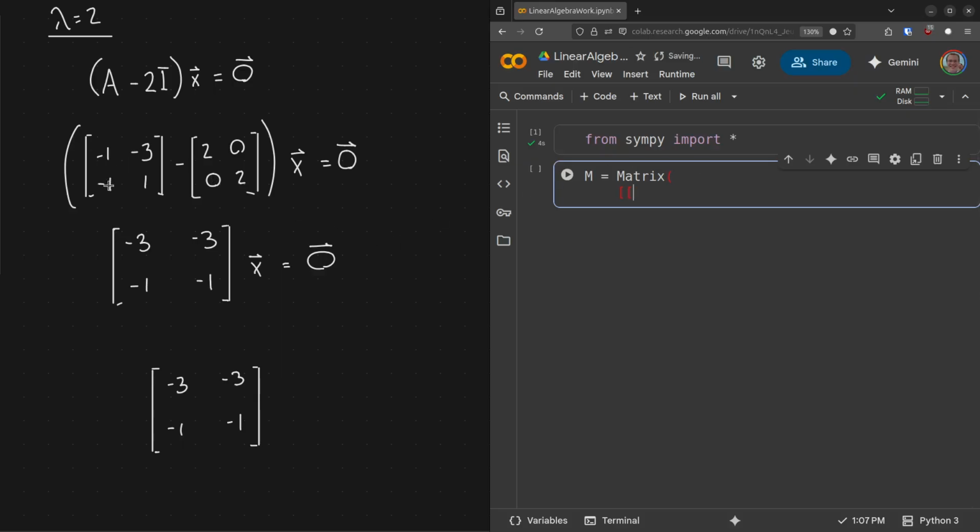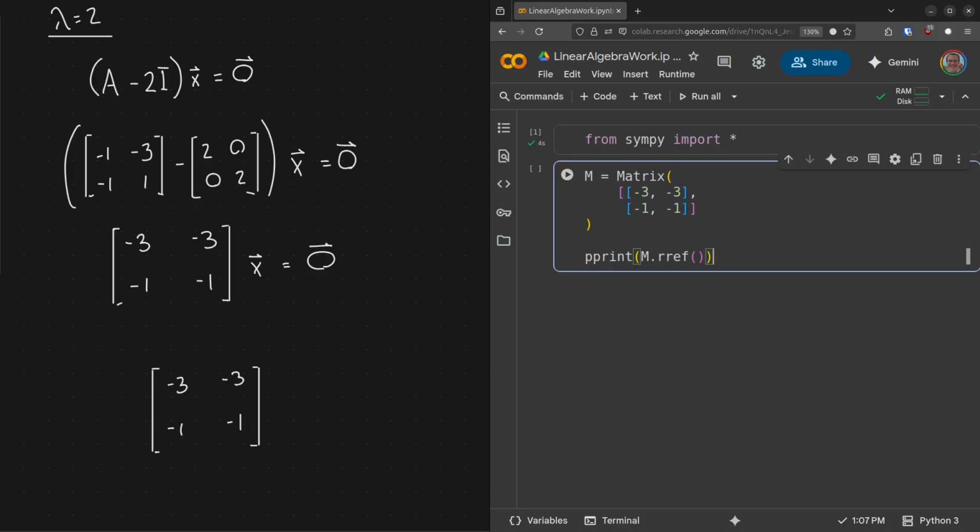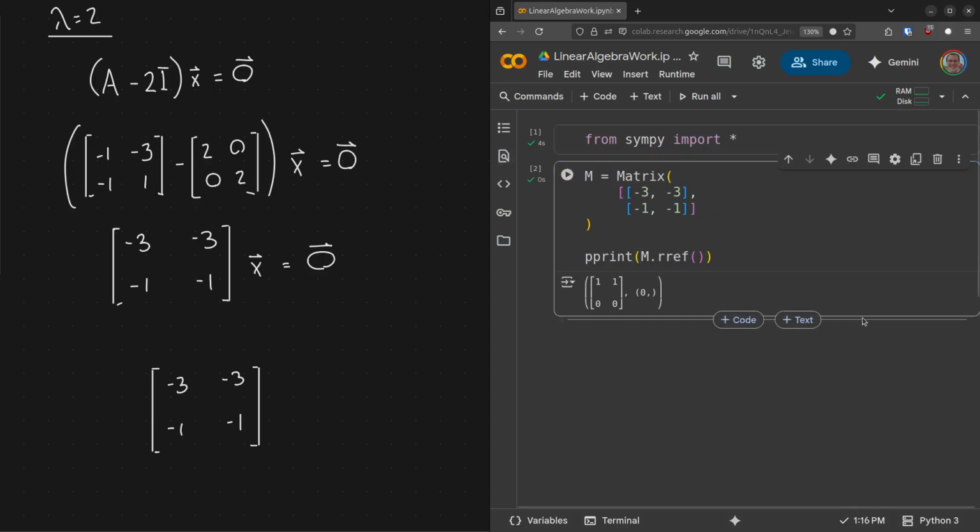This matrix is -3, -3, -1, -1. Okay, and there it is in reduced row echelon form, 1, 1, 0, 0.